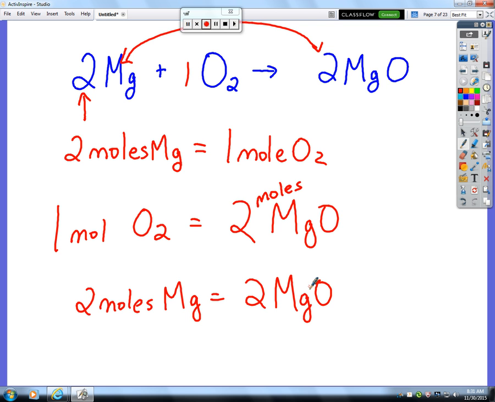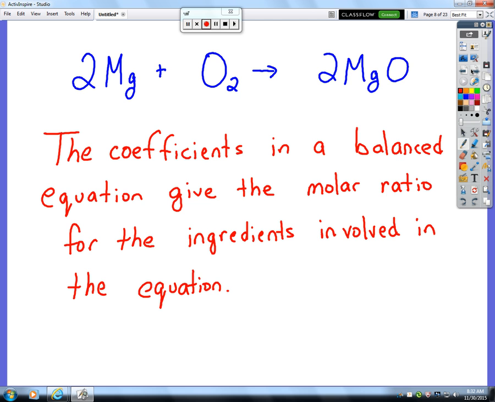And those are my equivalencies, my ratios. I'm going to call them molar ratios because they're ratios between the moles in a balanced equation. So, what's true? The coefficients in a balanced equation give the molar ratio for the ingredients that are involved in the equation.